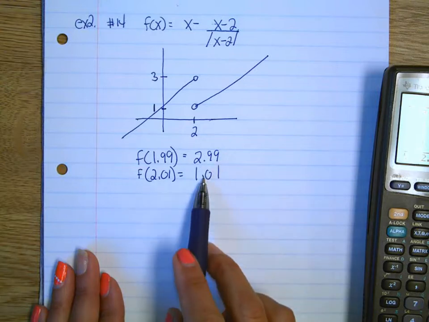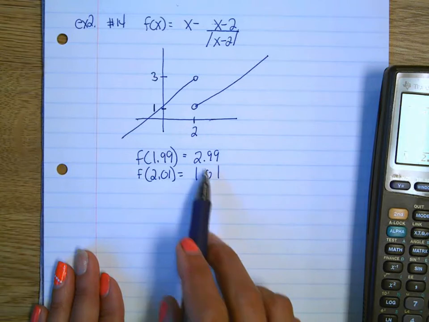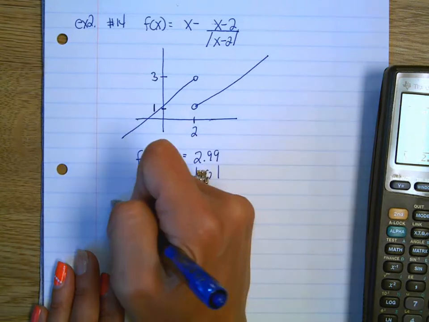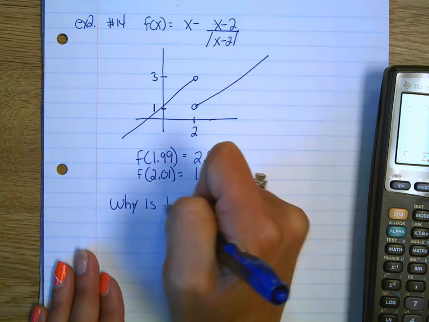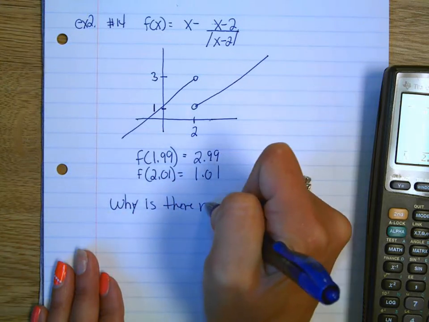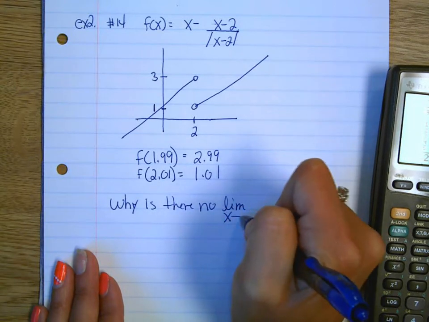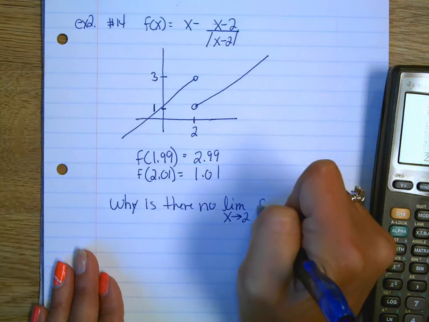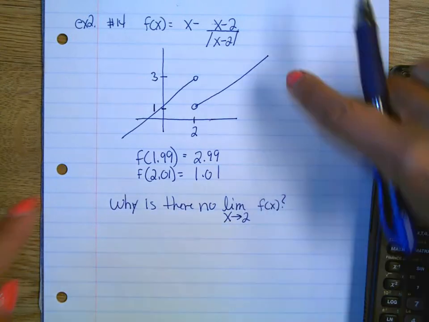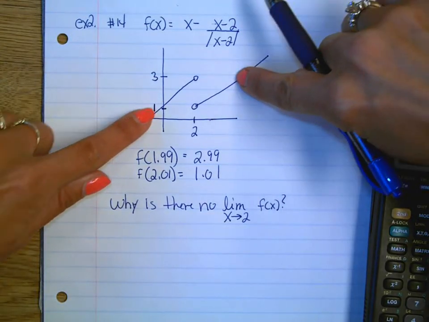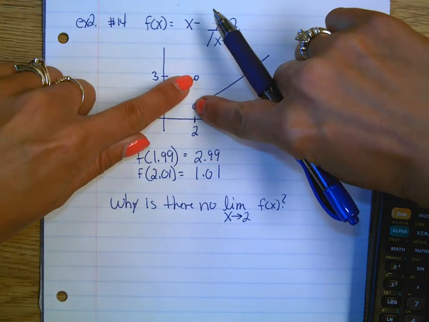It says, based on these 2 numbers, explain why there is no limit as x approaches 2. So why is there no limit as x approaches 2 of f of x? The reason there is no limit is because, remember, when your 2 fingers come together approaching x, they have to approach the same y value.